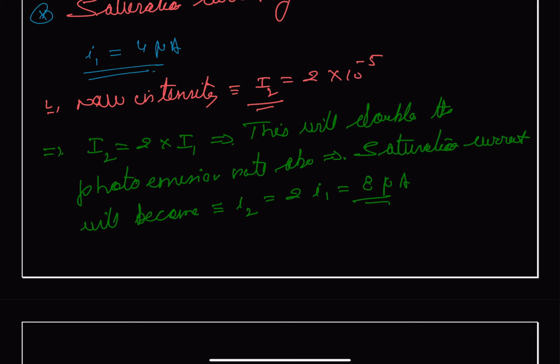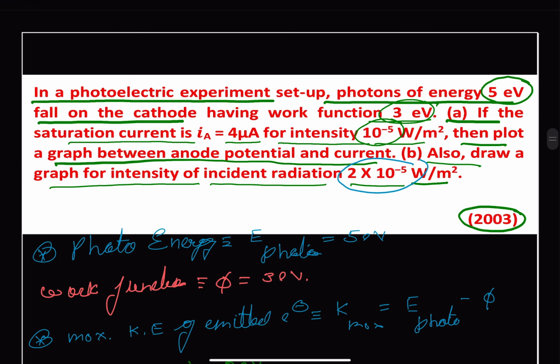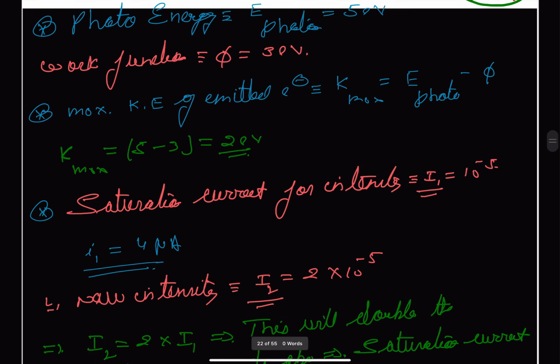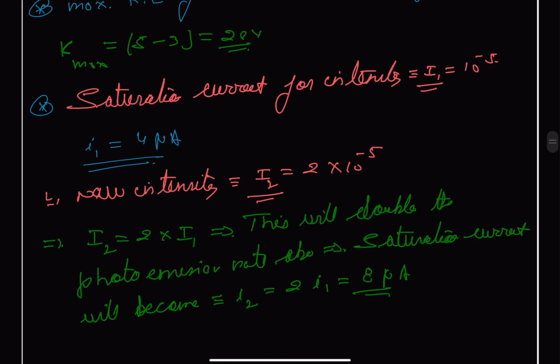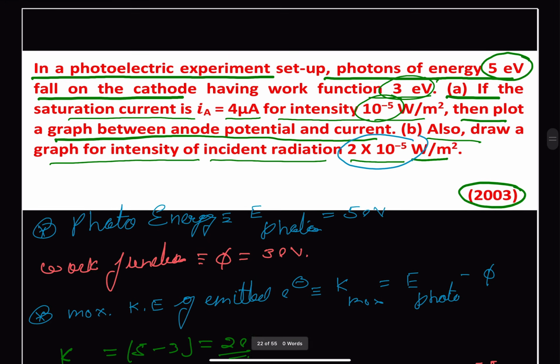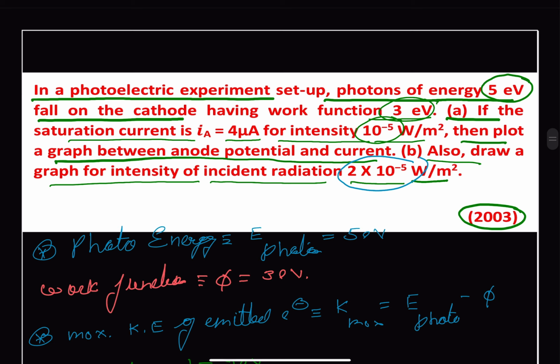And we are supposed to find the anode potential and draw the graph for intensity. So we have to plot the graph for both the values. From the calculation we can easily see that our saturation current becomes double, and our stopping potential is 2 electron volt.